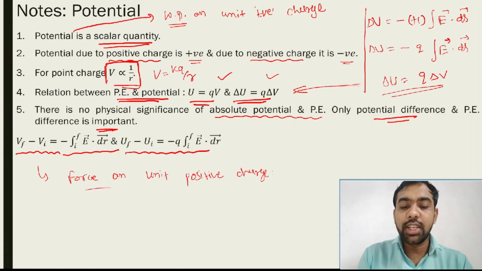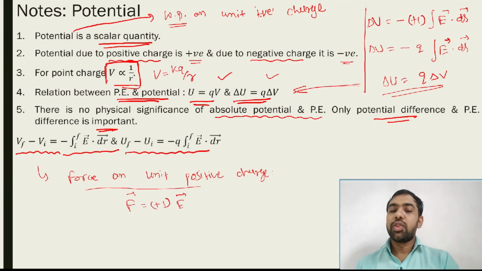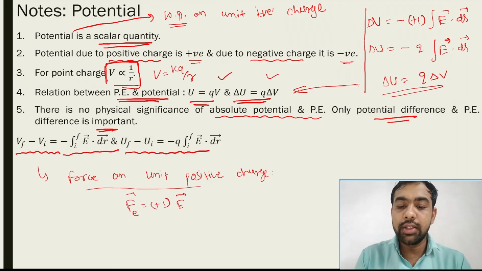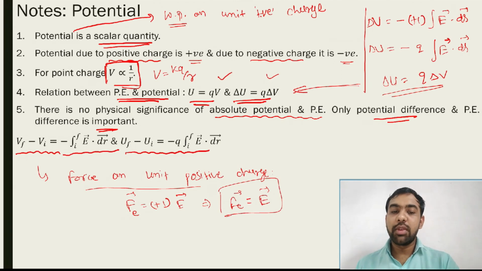So force for a unit positive charge, see, F is equal to plus 1 into E. So F_E can be replaced by E. Otherwise this is the same. I am using this force relation, but F_E is replaced by 1 into E.